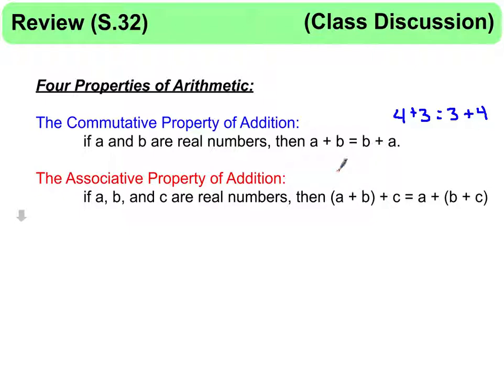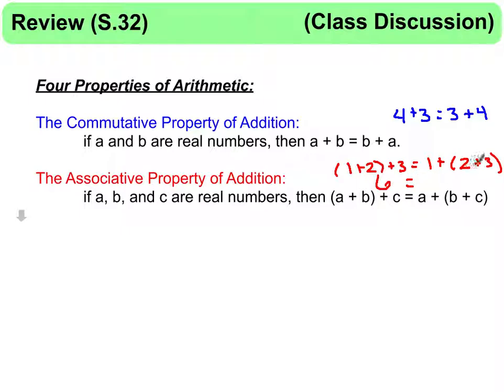For example, if I said 1 plus 2, I'll put that in grouping symbols, plus 3, then it would be fair to say that 1 plus the 2 plus the 3 would also be equal to the same value. 1 plus 2 is 3, plus another 3 is equal to 6.